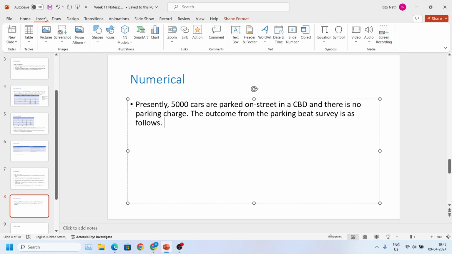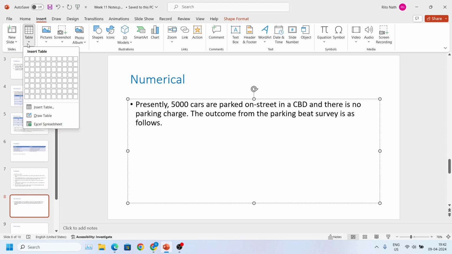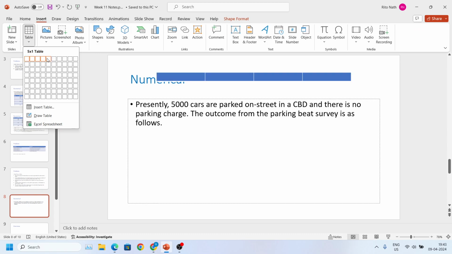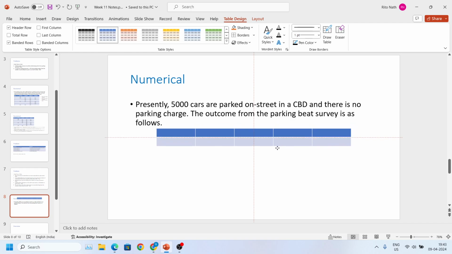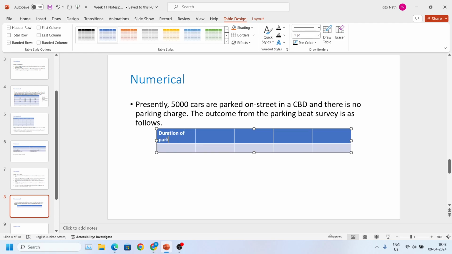Table. This will give you the duration of parking in hours. Then you have percentage of vehicles.